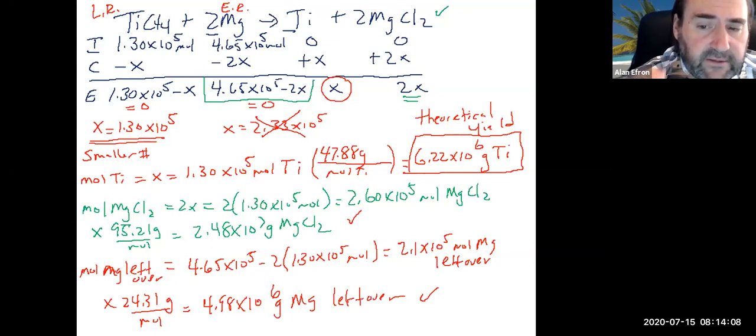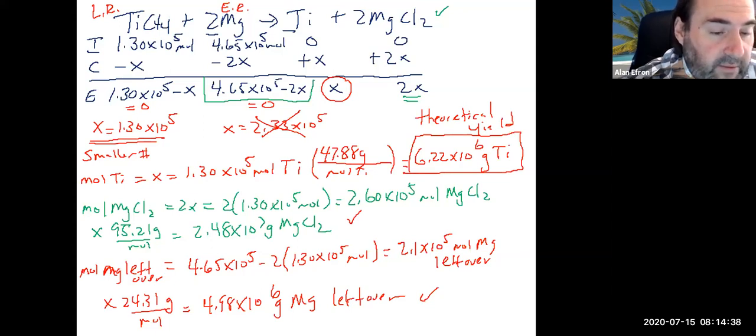Now, those coefficients are extremely important in an ICE table to put in for the change part, because that is really what does all the mole-to-mole relationship that you do in a traditional stoichiometry way. What we then do is just carry down the information to the equilibrium line, and in this case we had 1.3 times 10 to the 5 minus x, 4.65 times 10 to the 5 minus 2x, x, and 2x.